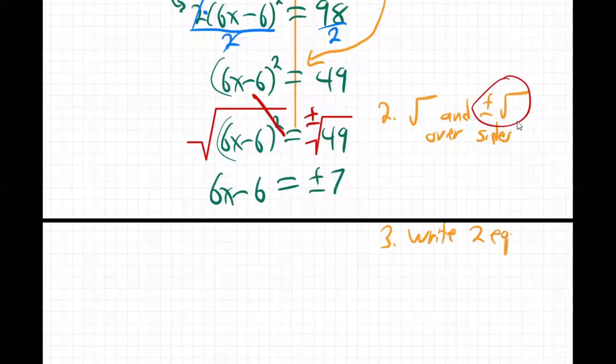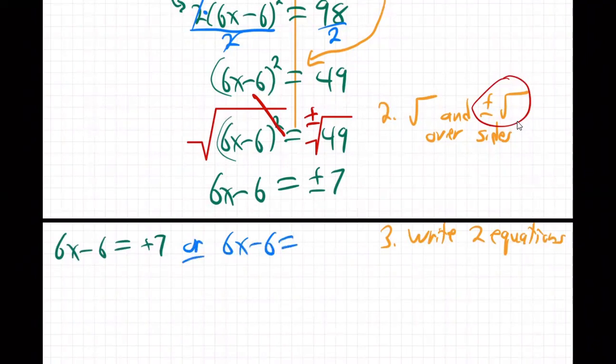Write 2 equations. So I'm going to come over here and go 6x minus 6 equals plus 7, or 6x minus 6 is minus 7. We have 2 separate equations, right? Because we have a plus or minus. You get the plus 7, you get the minus 7.